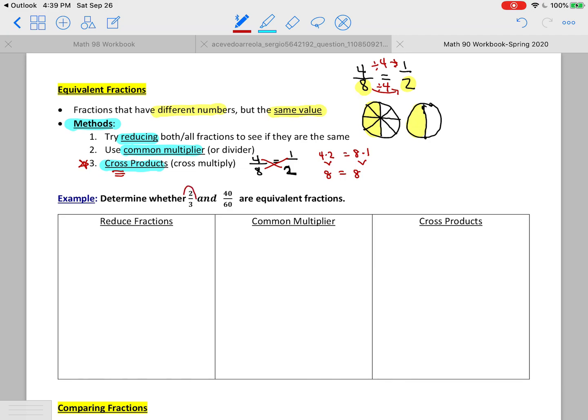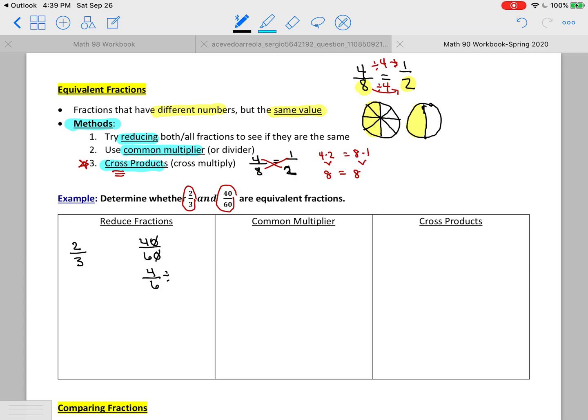Okay, so we have this example problem here. It's asking us to determine whether 2/3 and 40/60 are equivalent. Let's try the first method, where we reduce the fractions down. 2/3 is already in reduced form, isn't it? And then we have 40/60. If we start to reduce that, we know the zeros can go off. That's like dividing by 10.